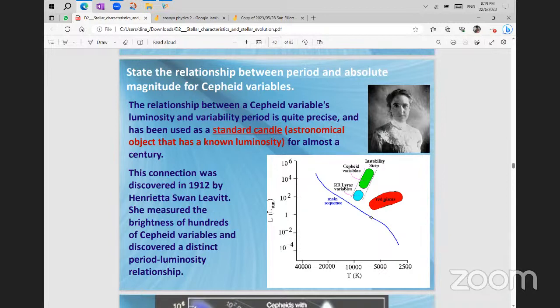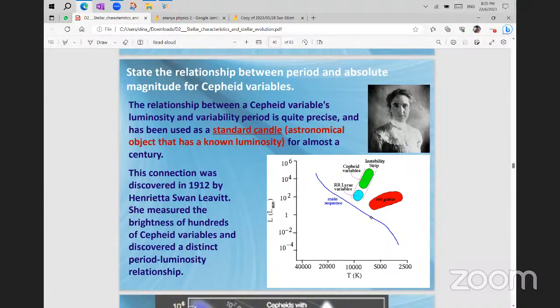Secondly, a suffix is not a name. A suffix is a group. That means there are quite a lot of stars which are suffix variables. I wish they would just call it a variable star. That just makes sense. It's a variable star that glows up and down quite predictably. That is a suffix variable.